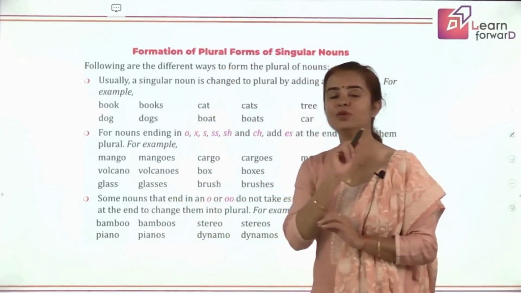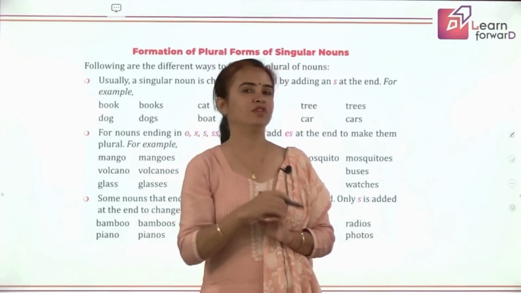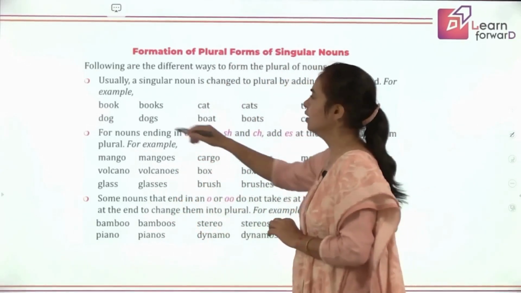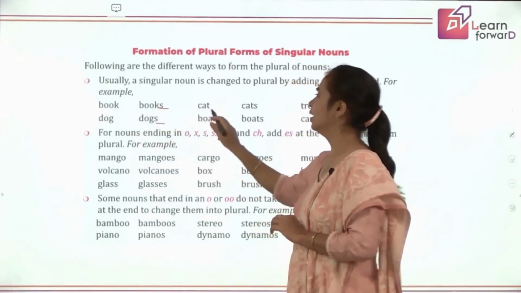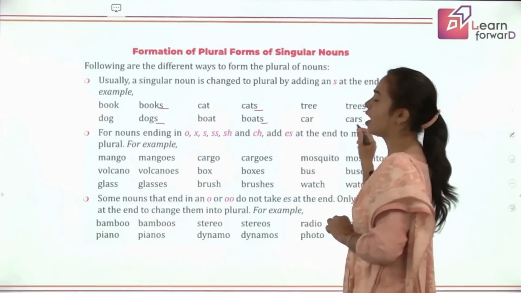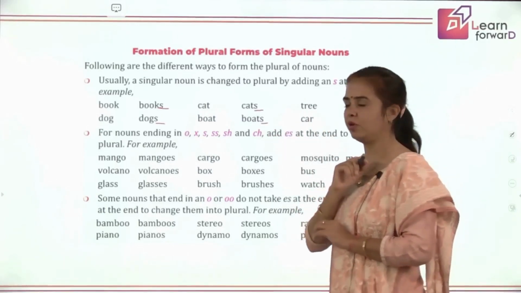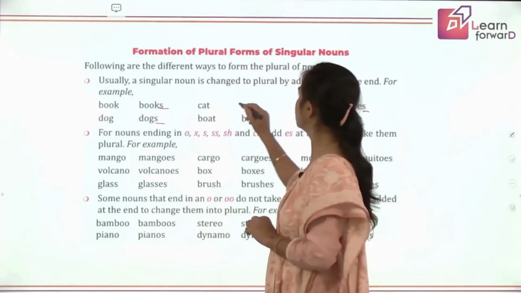And see students, this rule is followed most of the times where you do not follow any of the other rules. Like book plus s, dog plus s, cat plus s. Boats, then tree, trees, car, cars. It's so simple. So adding s is the first rule.